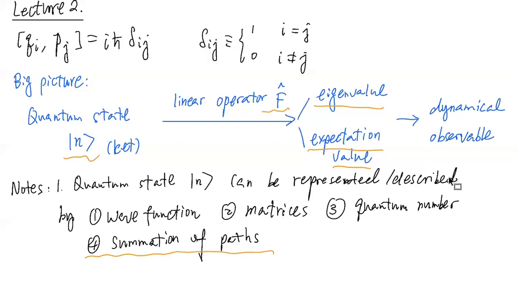This is the so-called path integral approach. We will not talk about this approach in this course, but I just want to remind you that this is an alternative way to describe the quantum state. This formalism, the path integral formalism, is quite popular in modern research when you study chemical dynamics. It has a very close relation to Lagrangian mechanics.